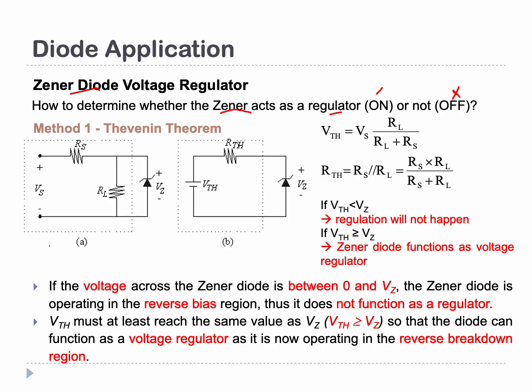So how do we determine that? First of all, this is your input voltage. You are given an input voltage here, and this is your Zener diode, and this is your load resistor. Normally your load resistor is looked at as this part.